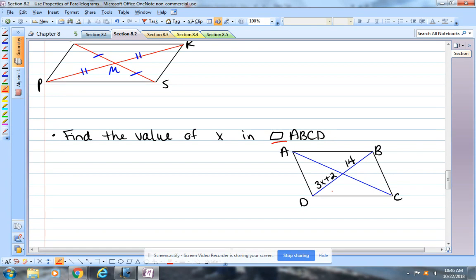So if this one's 14, then all together from here to here equals what? 14. So how would I find x? That's right. I'd say 3x plus 2 equals 14. That's all you do. And then we subtract our 2. So 3x equals 12, and then divide by 3, and x equals 4.